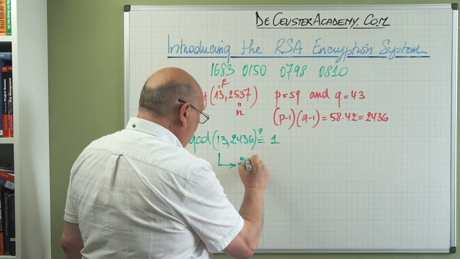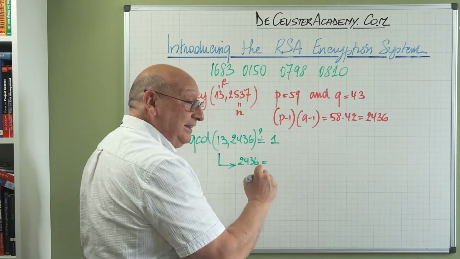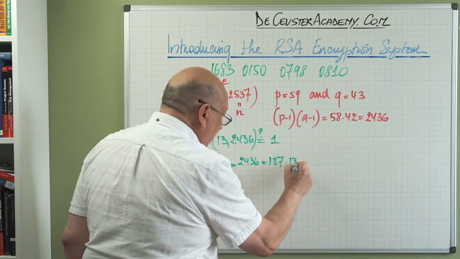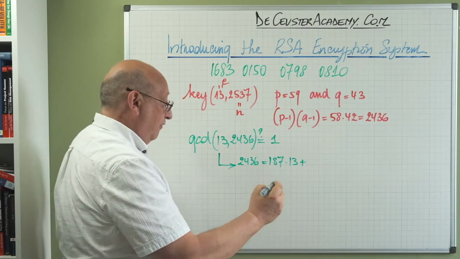So we can say that 2436 is equal to 187 times 13 plus 5.